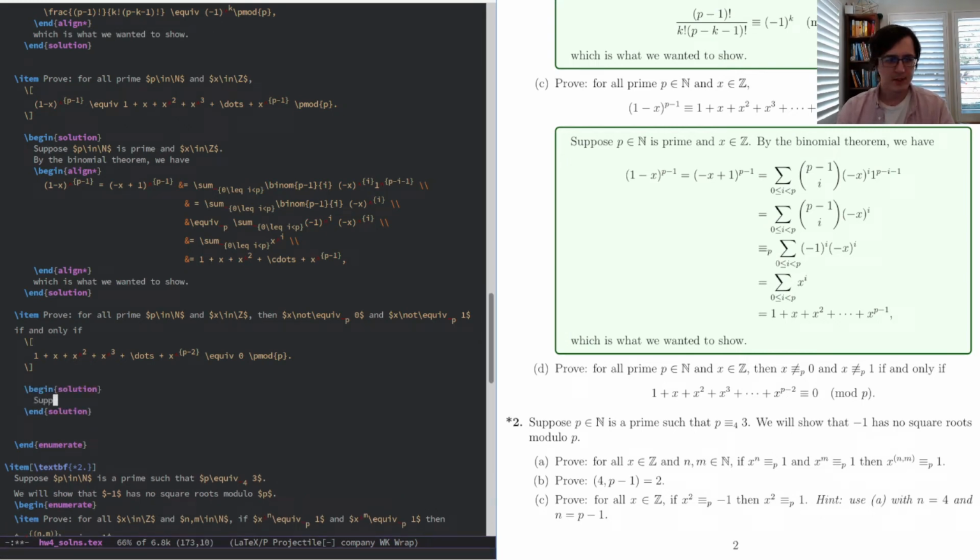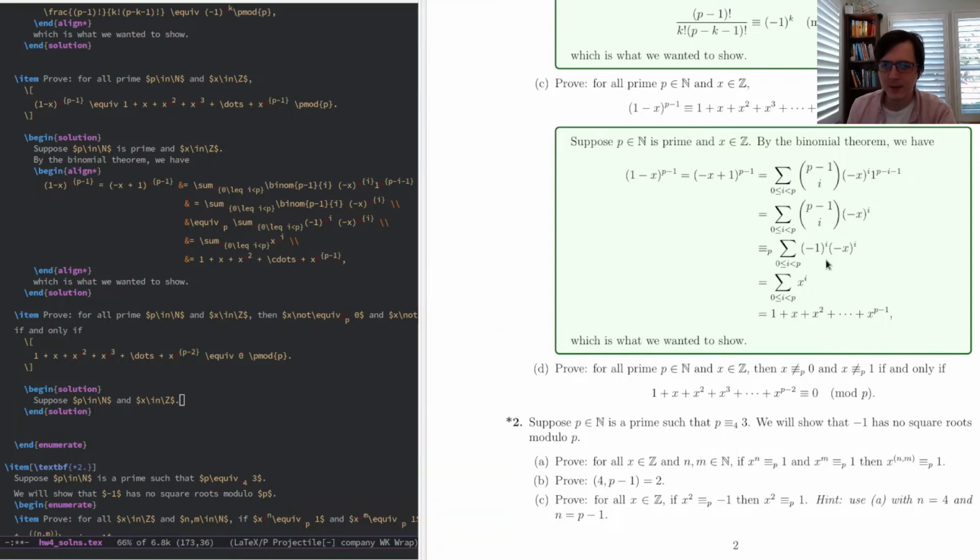Okay, so suppose p is in n and x is in z. Now what we want to do is decide how we're going to prove this if. So one thing is, the difference between these, the x to the p minus 1 is missing.